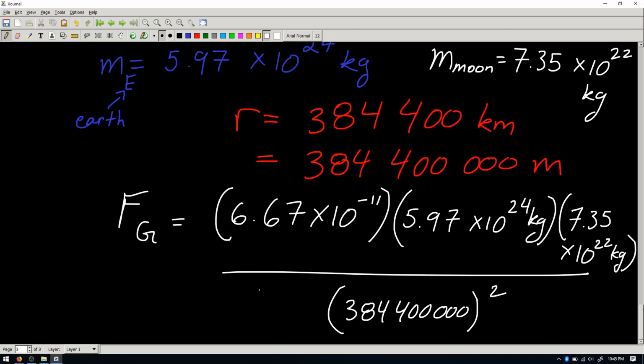So I'd start by the denominator and I'd multiply it out. 6.67 times, let's see, exponent negative 11, 5.97 exponent 24, 7.35 exponent 22 divided by 384,400,000, and you get the following magnitude.